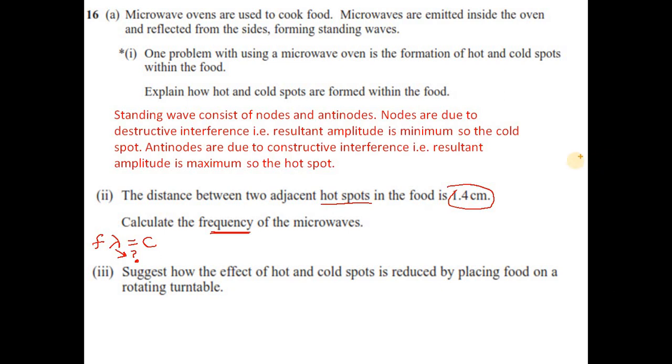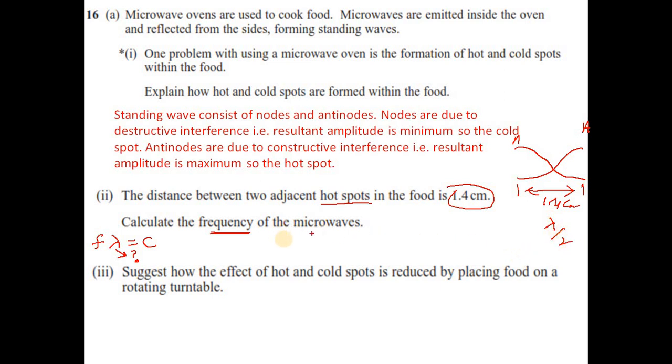So you can visualize two hot spots or two adjacent maxima like this. This is one maxima or antinode, another one, and the distance between these two is 1.4 centimeter, and the distance between two adjacent antinodes in terms of wavelength is always lambda by 2.